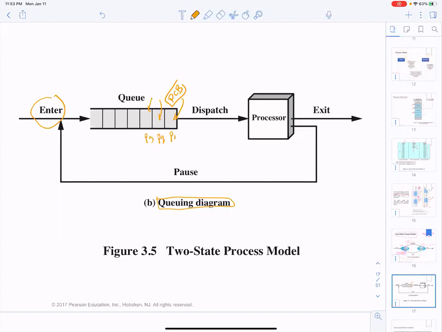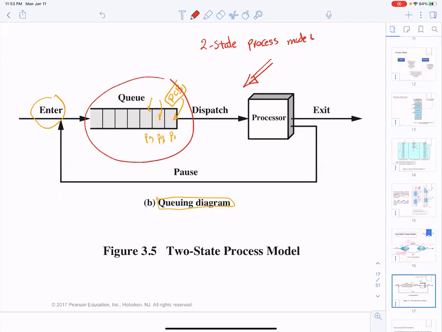So now this system is aligned with the two state process model. With the two state process model, this is the corresponding queue diagram, in which we only have one single queue.